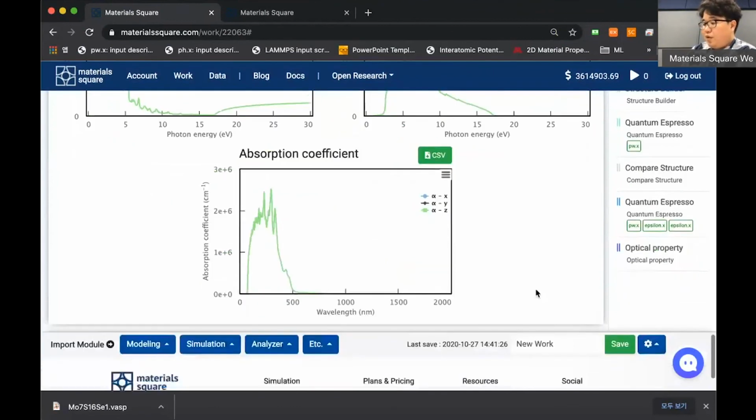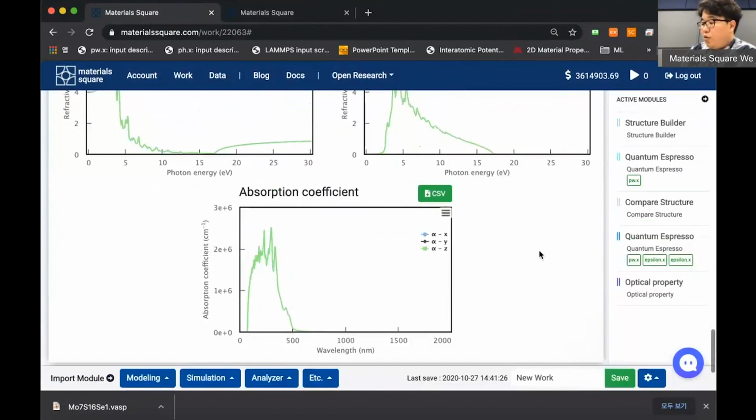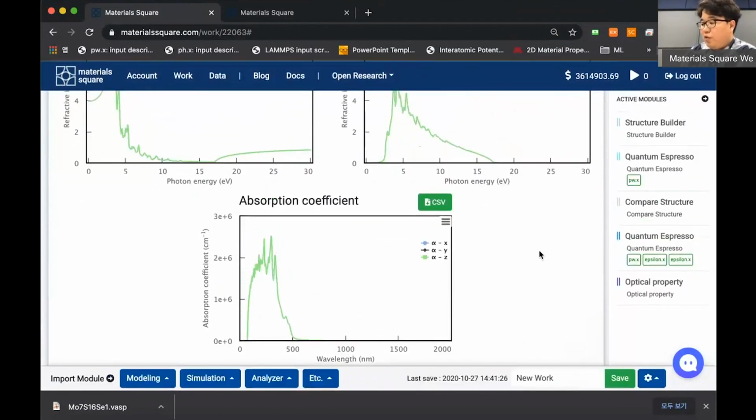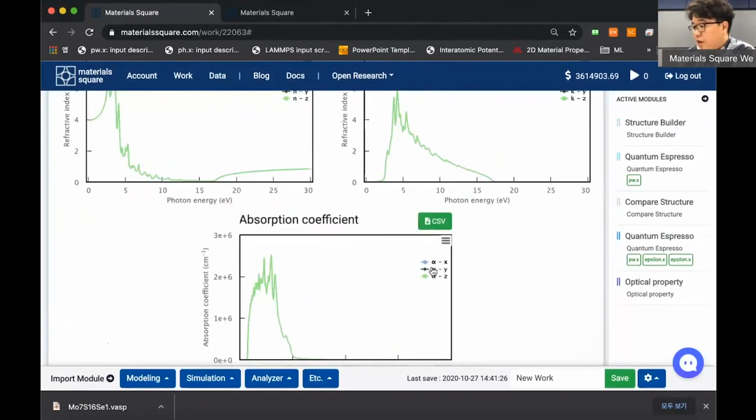I think this is quite a good image for all the plots, but if someone wants to plot with another tool like Python or Excel or something like that, you press the CSV button to download this data, okay? Actually, there are three data sets here, X, Y and Z direction, all right?